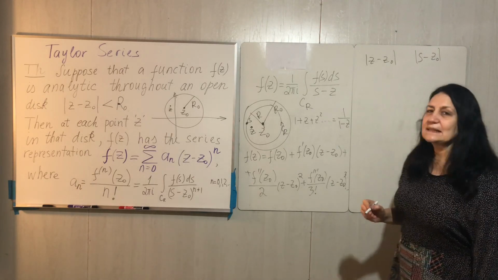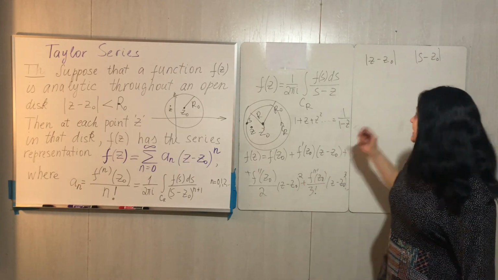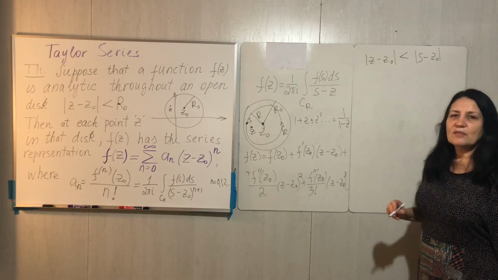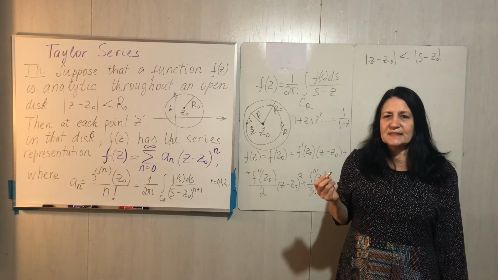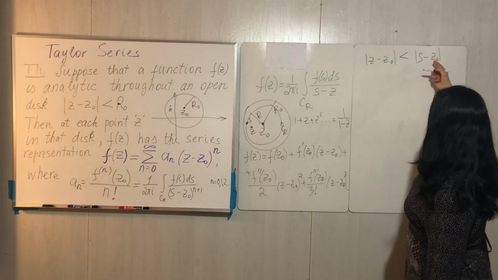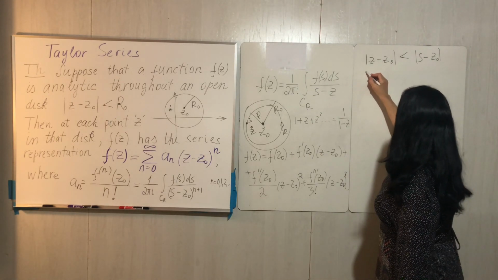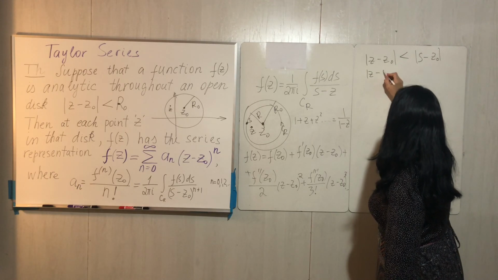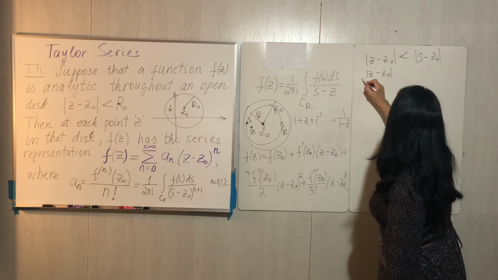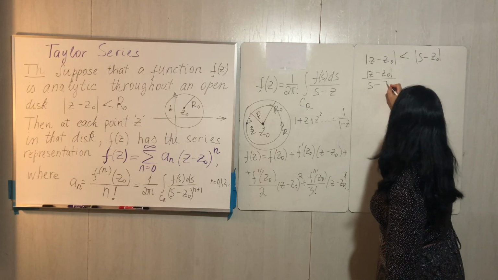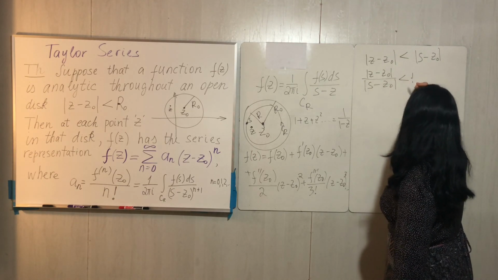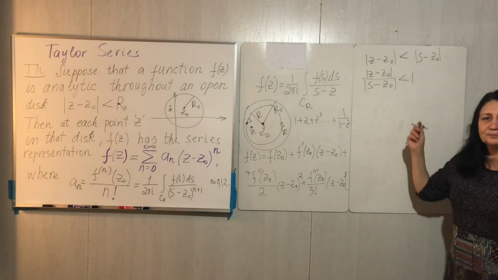Which distance is bigger? Obviously the second one. So we have this inequality. Then let's divide both sides by s minus z sub 0.